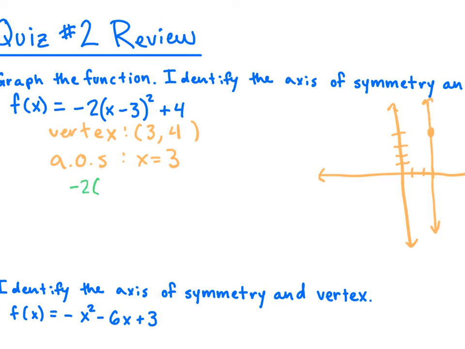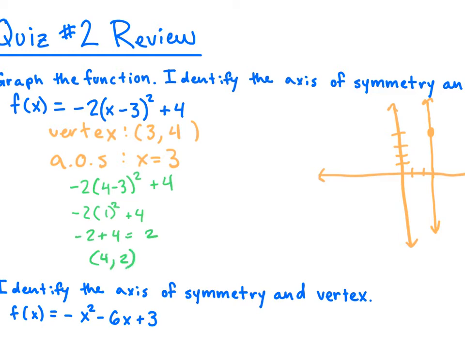So we have negative 2 times 4 minus 3 squared plus 4. Negative 2 times 1 squared plus 4. And then negative 2 plus 4, so this would give us 2. So when we plug in 4, we get 2.